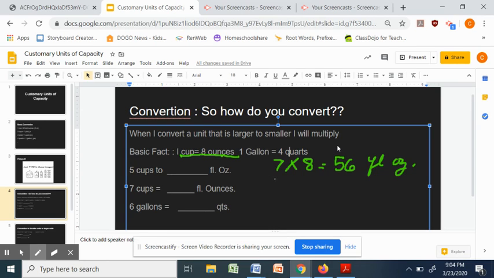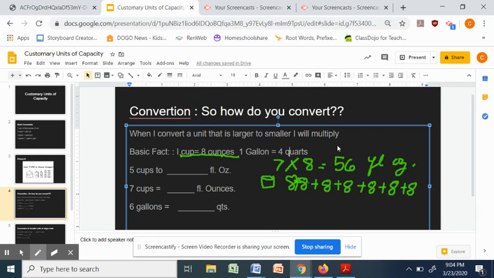If I use repeated addition, which you're already in fourth grade so you don't need to do, it would be 8 plus 8 plus 8 plus 8 plus 8 plus 8 plus 8.